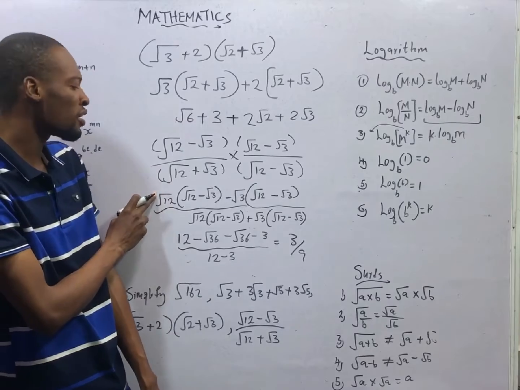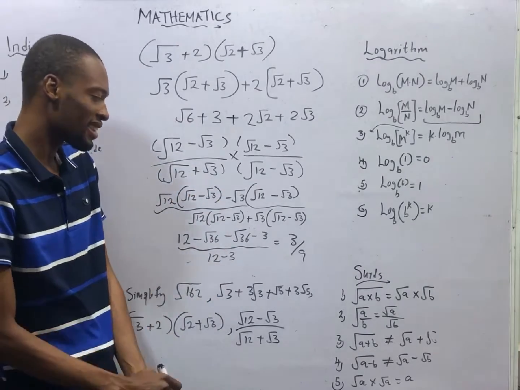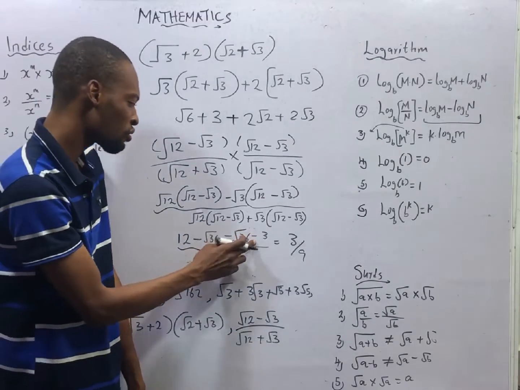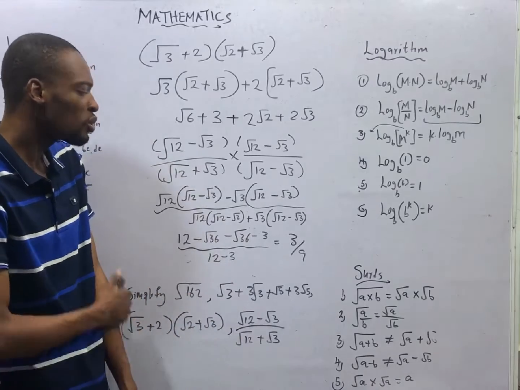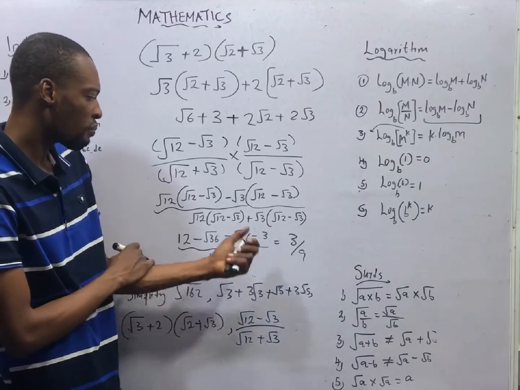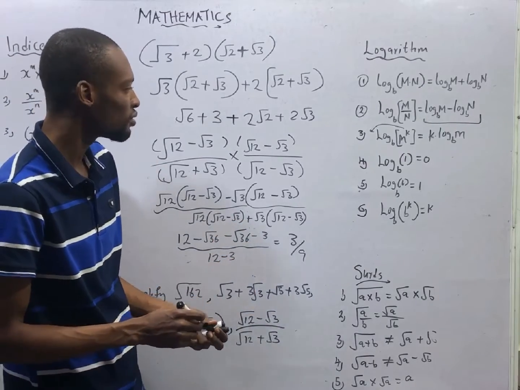The square root of 12 times minus square root of 3 is minus square root of 36. So from here, square root of 36 is 6. Square root of 36 is 6, giving you 12 minus 6 minus 6 minus 3. And the bottom here will give you 12 minus 3. So everything simplifies to 3 over 9.